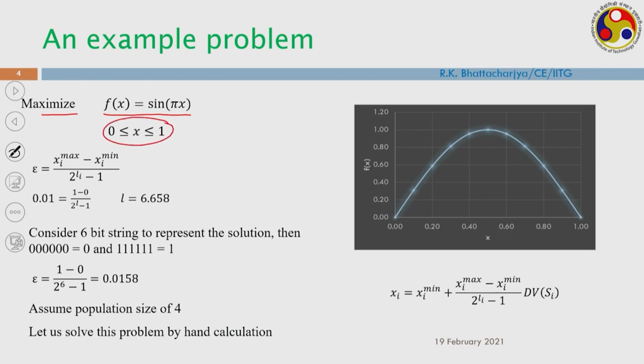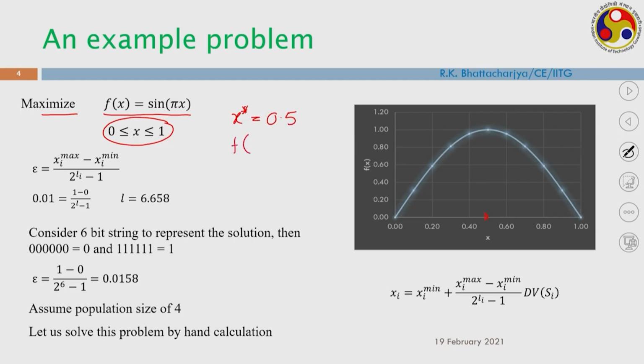If I plot this, the solution is 0.5, and the optimum function value is 1. So, if I solve it, I should get x star equal to 0.5, and the function value at x star is 1. So, this is the solution.